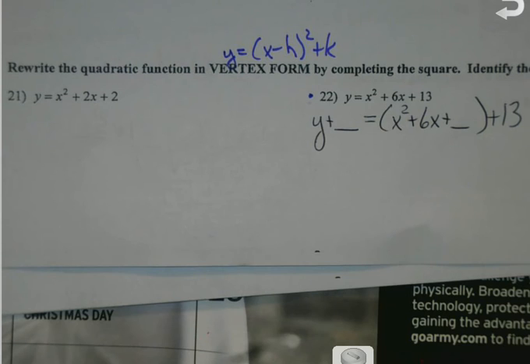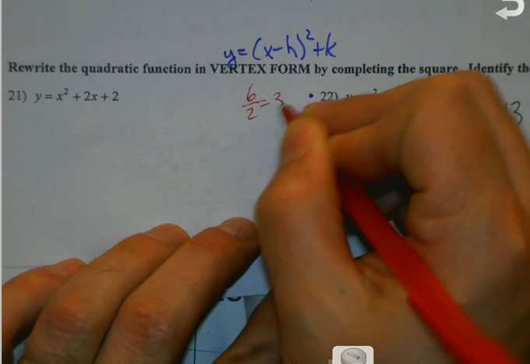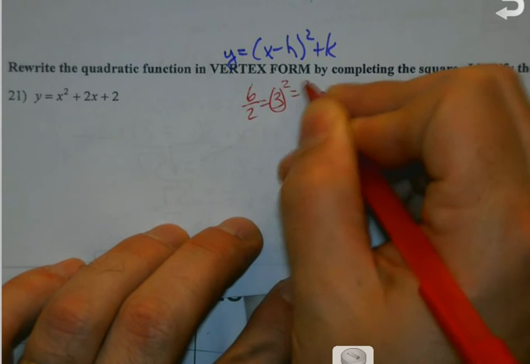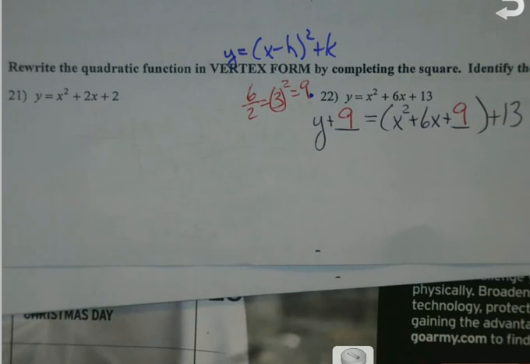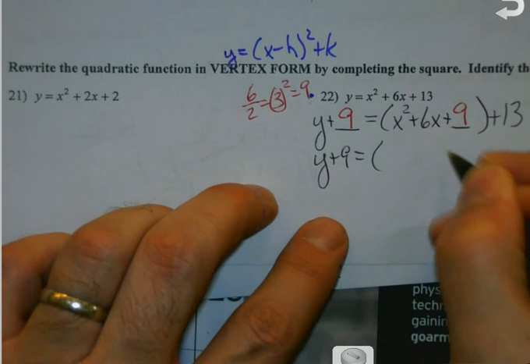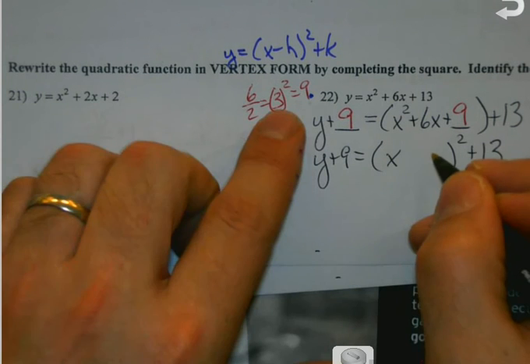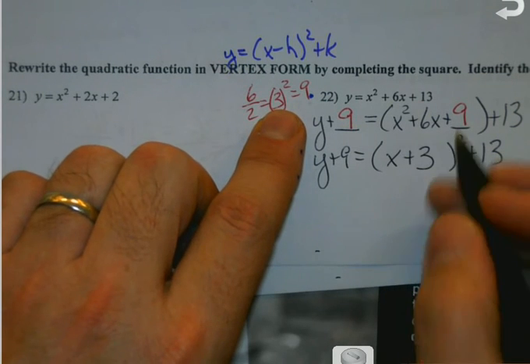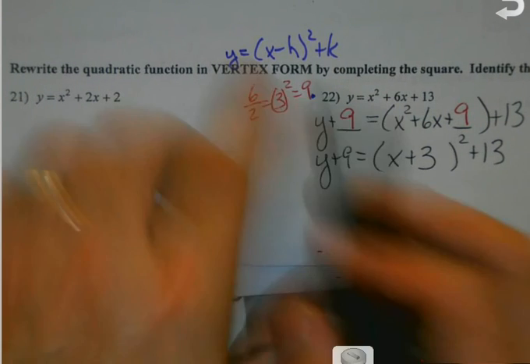So I'm still going to do my b divided by 2 and square it. And I'm still, just like I did before, going to turn that perfect square trinomial into its binomial form, either by factoring it or just by remembering it's the b divided by 2 number. And now I'm real close to it being this.